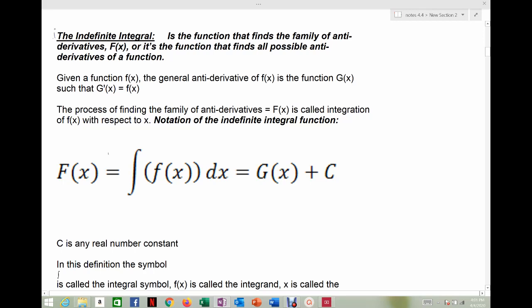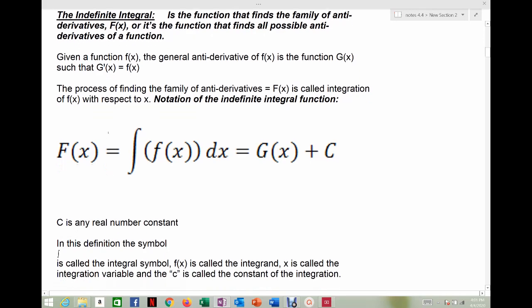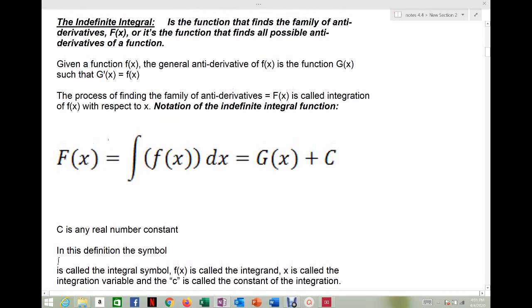The name is called the indefinite integral. Integration is the process where we find the antiderivative. The indefinite integral represents the function that finds the family of all antiderivatives, all possible antiderivatives of my given expression.